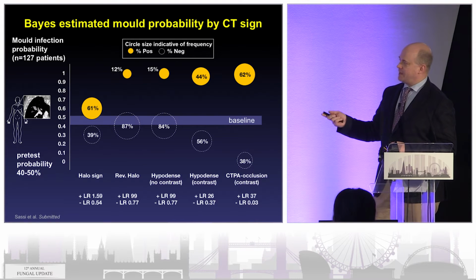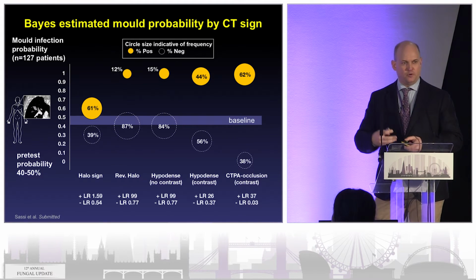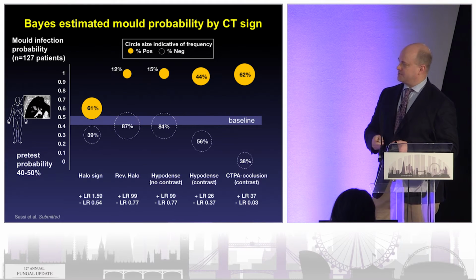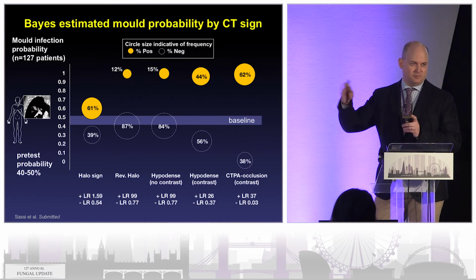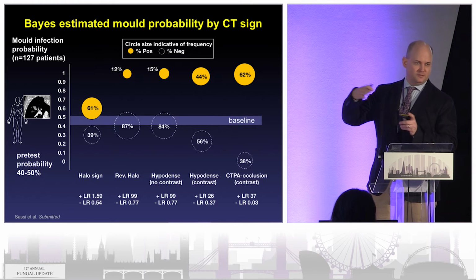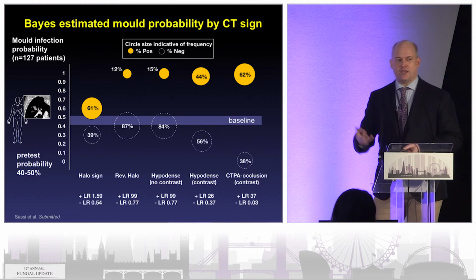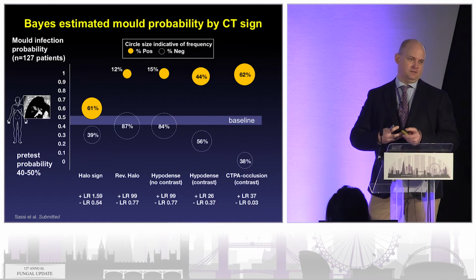So what we found is that it reduced the post-test probability in patients who had a negative CTPA, a negative occlusion sign in their infiltrates. Their probability of invasive mold disease is only about 2%. And the 95% confidence intervals go from 1 to 10%. So this is in the range where you can really begin to convince clinicians that maybe this is something else.